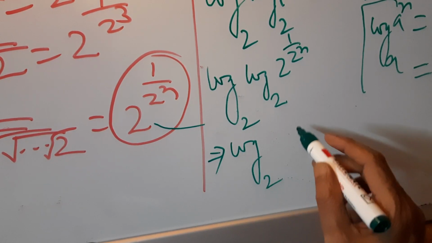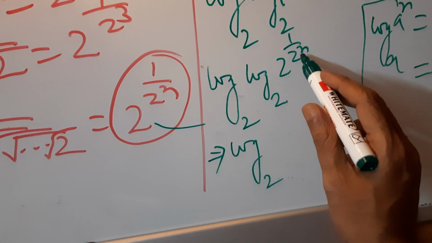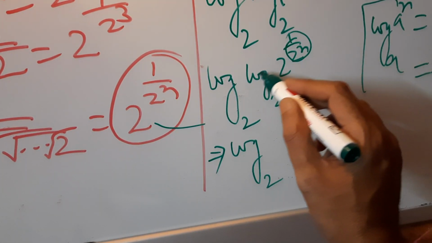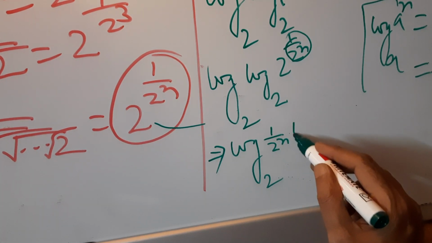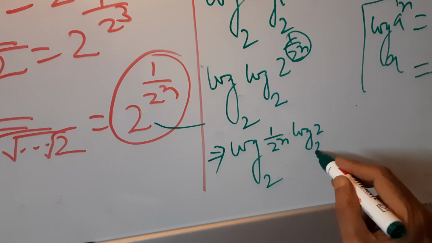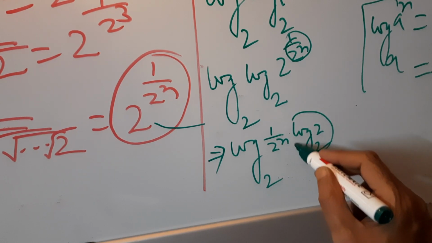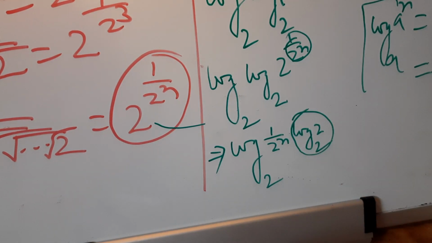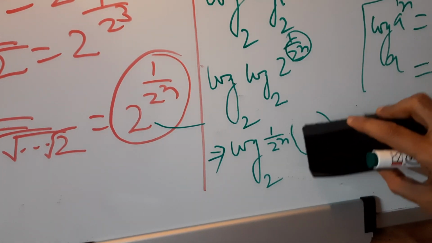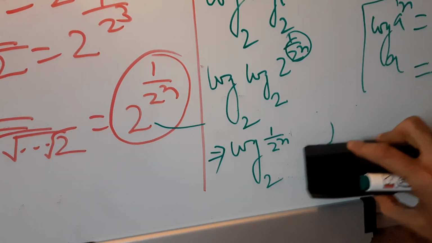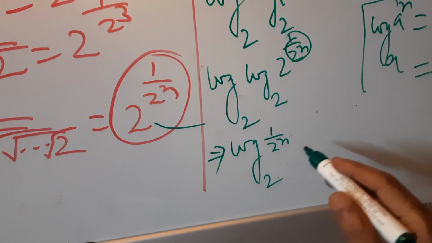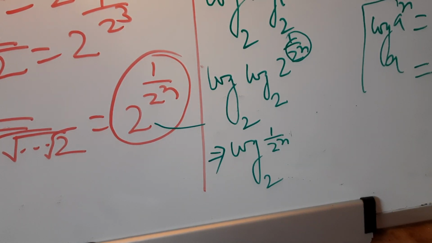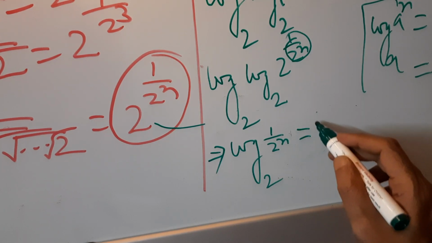Similar process: log base 2, this power will come in front, 1 by 2 to the power n times log 2 base 2, and log 2 base 2 equals 1, so that becomes 1. Correct. Now again, log of 1 by 2 to the power n. What is 1 by 2 to the power n?